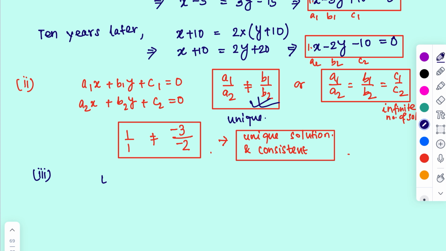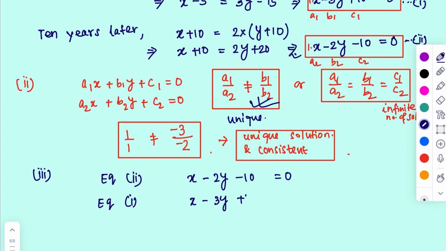Now I am taking this one as equation 2, and this is equation number 1. So equation 2 is x minus 2y minus 10 equal to 0, and equation 1 is x minus 3y plus 10 equal to 0.